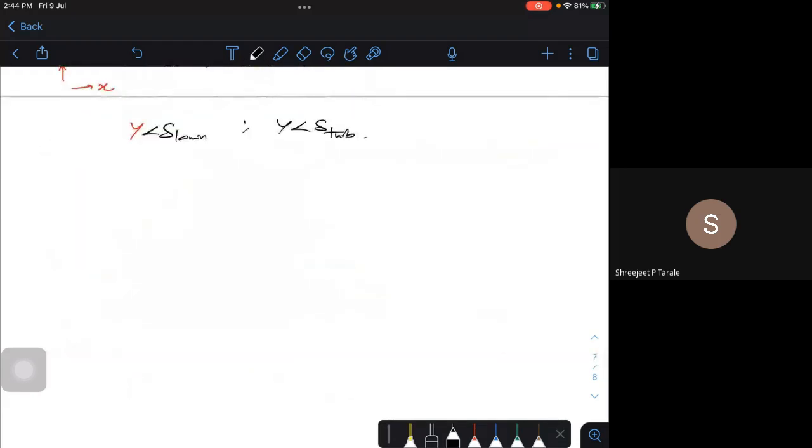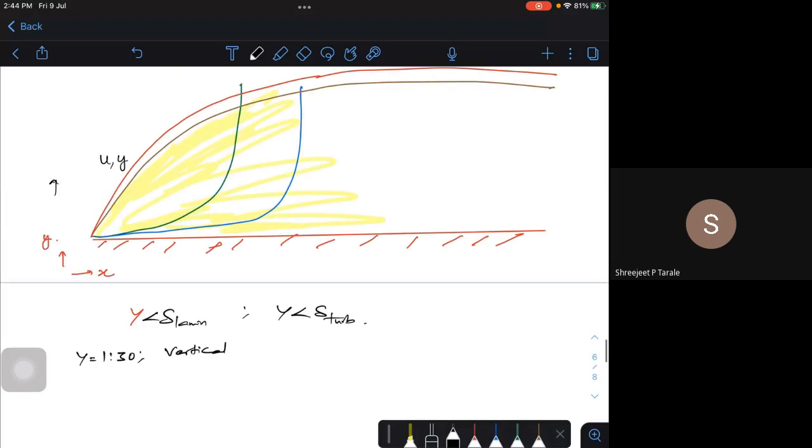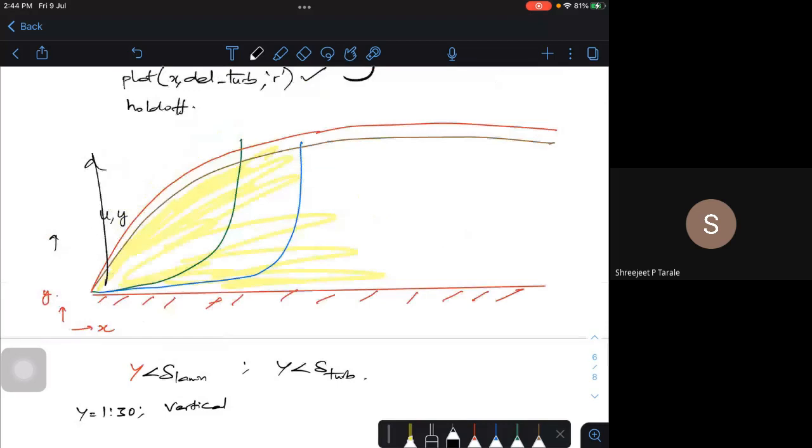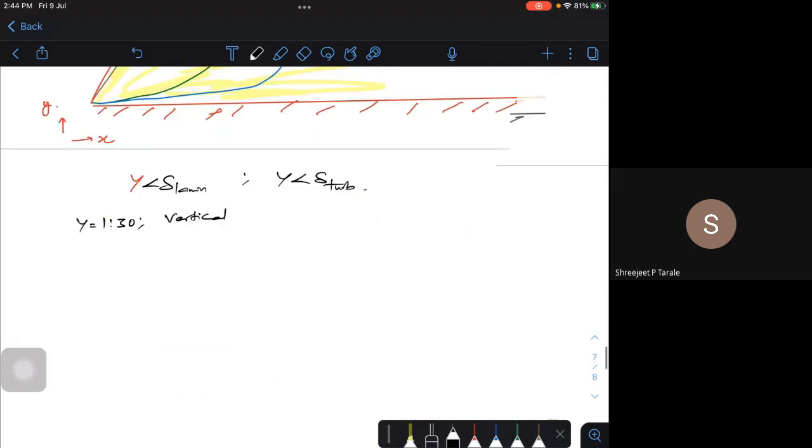Say for example, I'm going to divide your y into some distance. What distance? Some 10 mm or 20 mm or 30 mm. Let me take 30 or 40 mm, whatever it may be. This is your vertical distance. This distance I'm going to divide into some 30 parts or 40 parts.